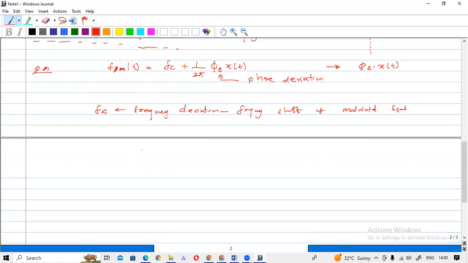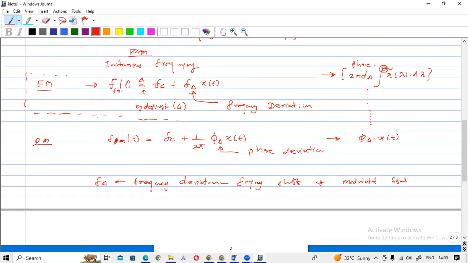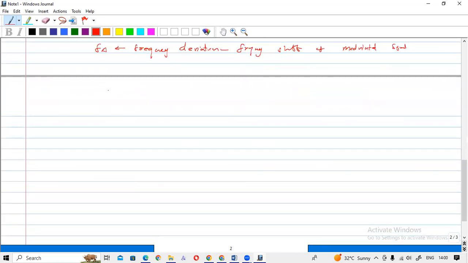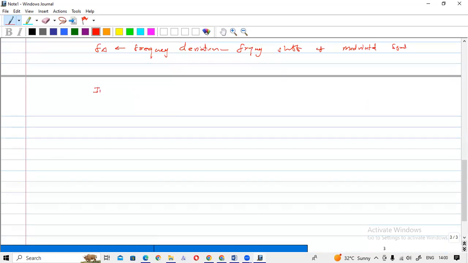Normally, if you consider the instantaneous frequency definition, the instantaneous frequency for an FM signal, a frequency modulated signal, is defined as fc plus f delta xt.